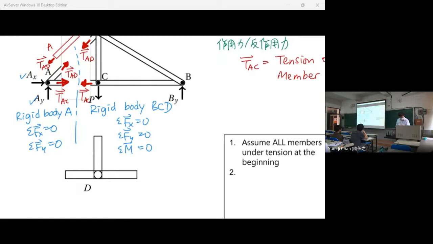The unknowns are TAC and TAD. So we have two unknowns and two equations. So we can determine TAC and TAD.